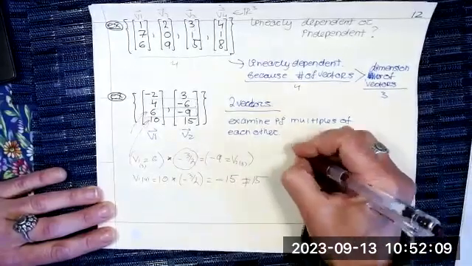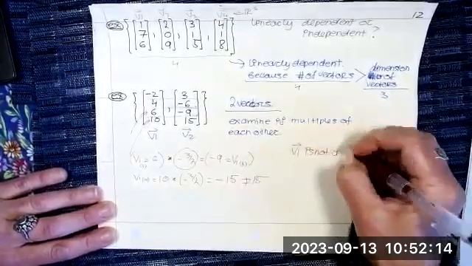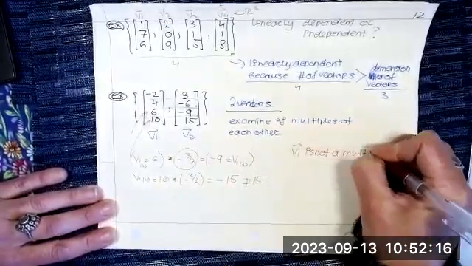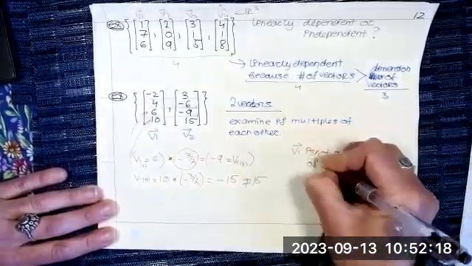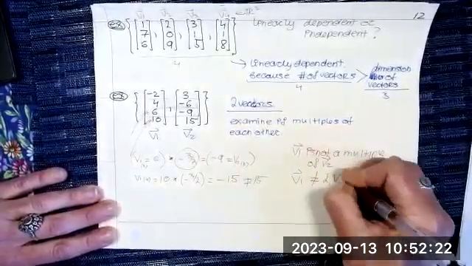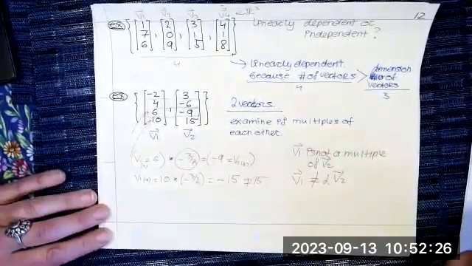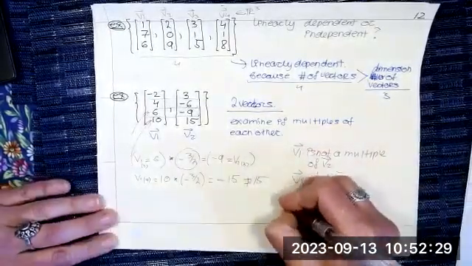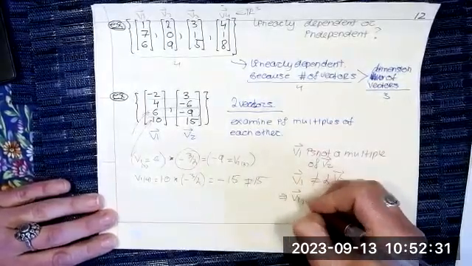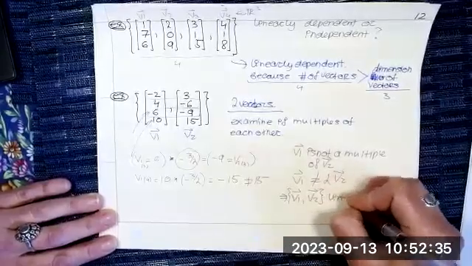So my V1 is not a multiple of V2. So V1 is not equal to alpha times V2 for some alpha. And since they're not multiples of one another, V1 and V2 are linearly independent.